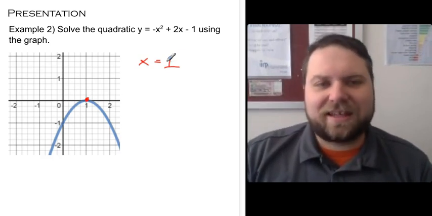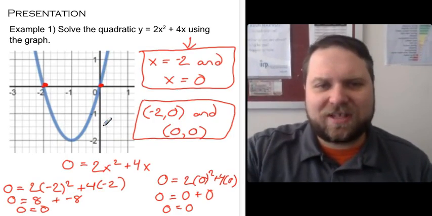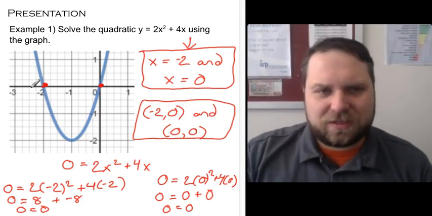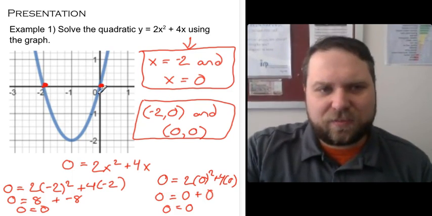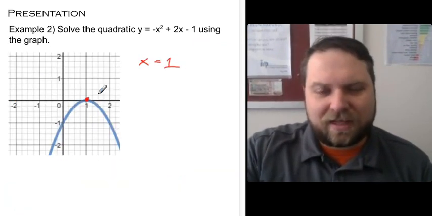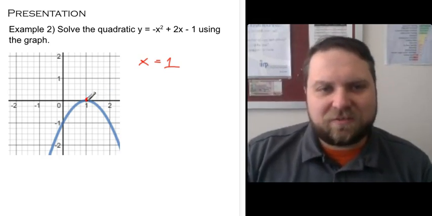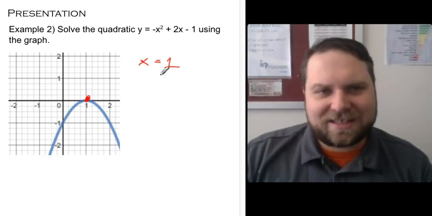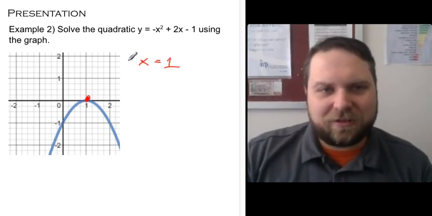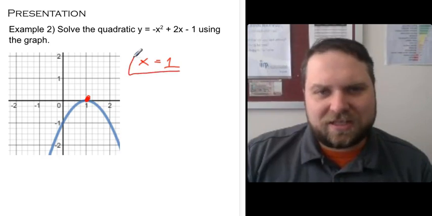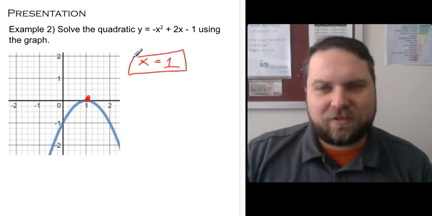This is something that can happen, whereas on the previous problem, we had 2 roots because it passes through the x-axis twice. It's also possible that it only touches the x-axis once. This will happen when the vertex of the parabola is on the x-axis, in which case there is only one root, so my solution is just x equals 1.